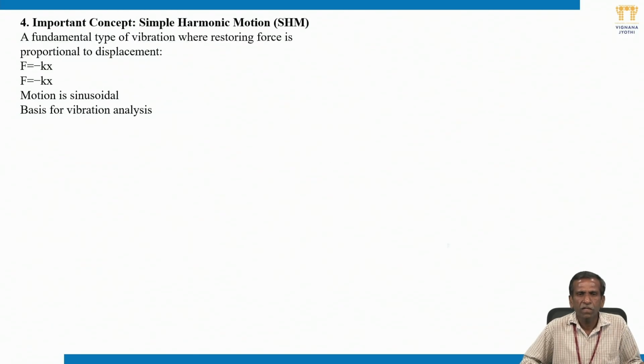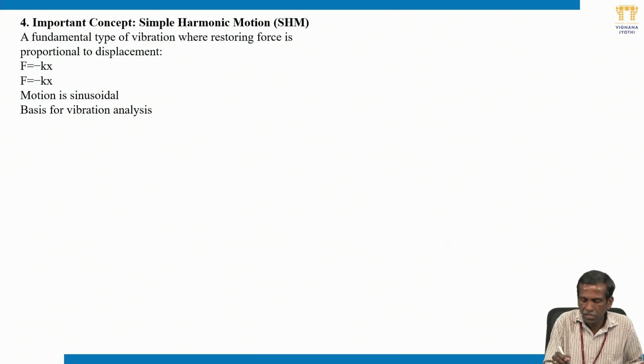Then we have seen that the type of motion involved in the vibration of any object is generally simple harmonic motion. The equation which we have framed is for a mass attached to the spring, and this mass is given some displacement.